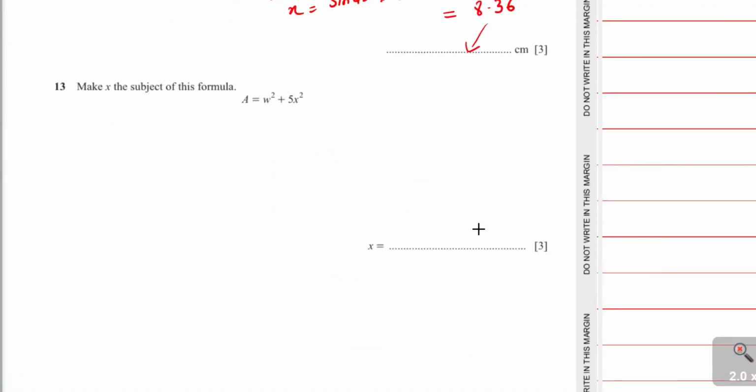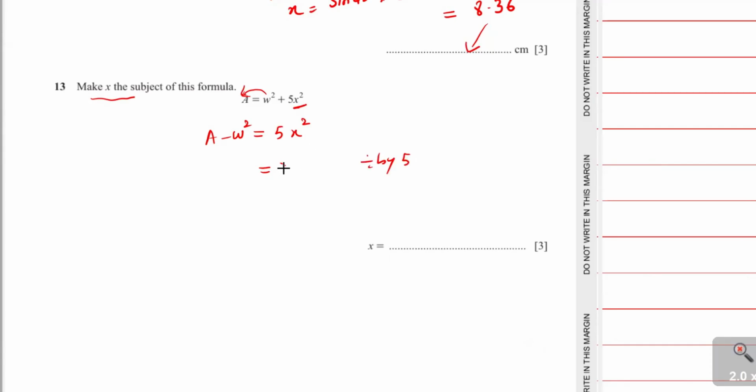Question 13. Make x the subject of this formula. Look here, this is the equation: A equal to w square plus 5x square. We have to make x the subject. Therefore, we shift the remaining value from right to left side. We shift w square from right to left. This equation becomes a minus w square equal to 5x square. And we will divide this equation by 5.